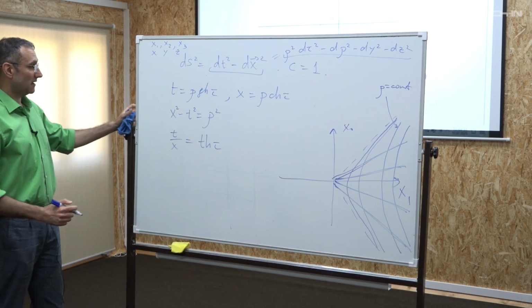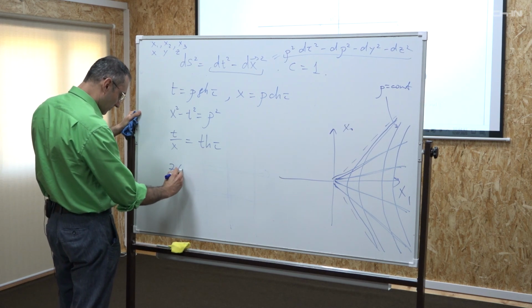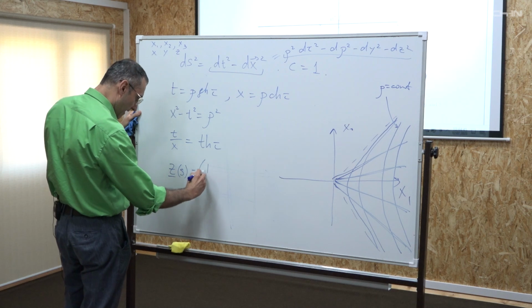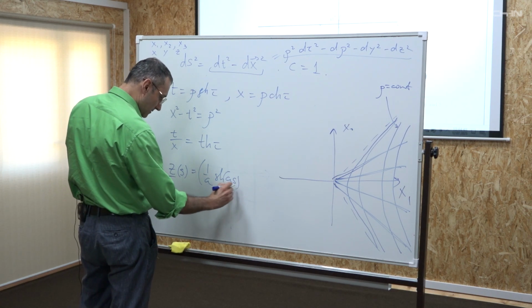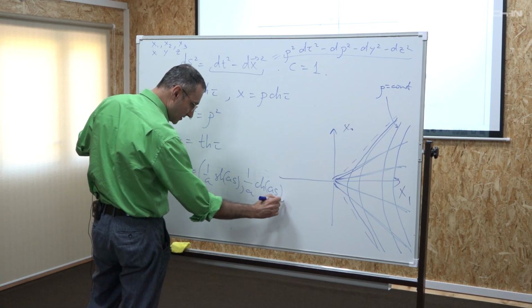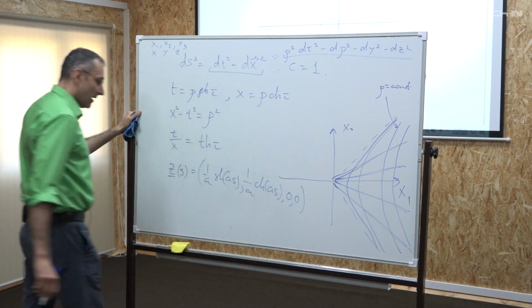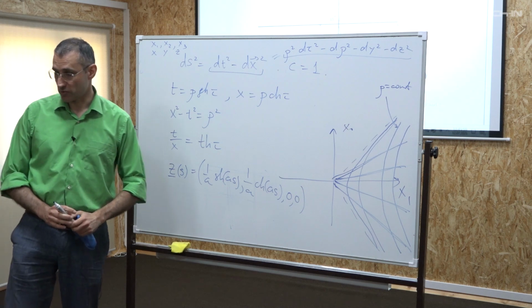And now let us observe several interesting things of this situation. You see, this world line, which I wrote to you, z of s, which is 1 over a sinh as, 1 over a cosh as, 0, 0, is eternal accelerative motion.